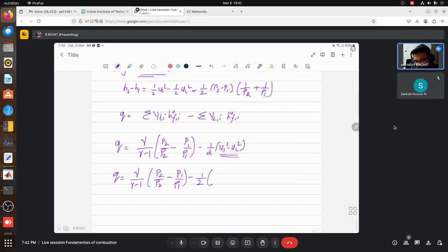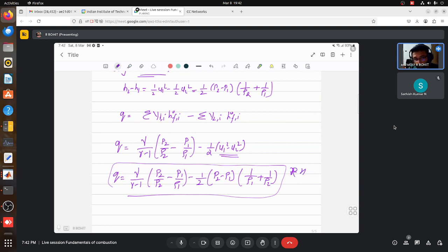So you can write it in that form, that is P2 minus P1 into 1 by rho 1 plus 1 by rho 2. This is one more important relation which will help you in solving problems. It is famously called the Rankine-Hugoniot curve or the Rankine-Hugoniot relation.